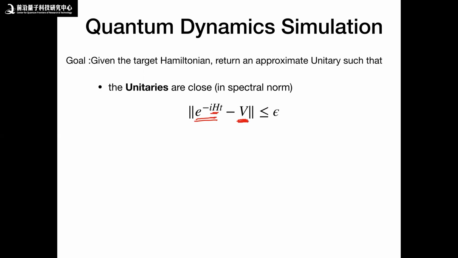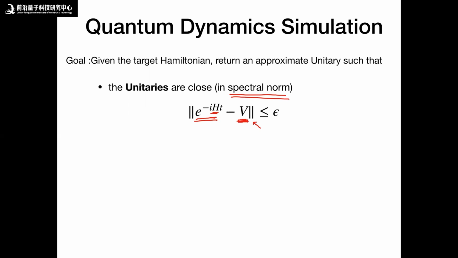We're going to quantify our performance in terms of this error, epsilon, in this norm. To be very precise, this is the spectral norm for matrices, so it quantifies the largest singular value.